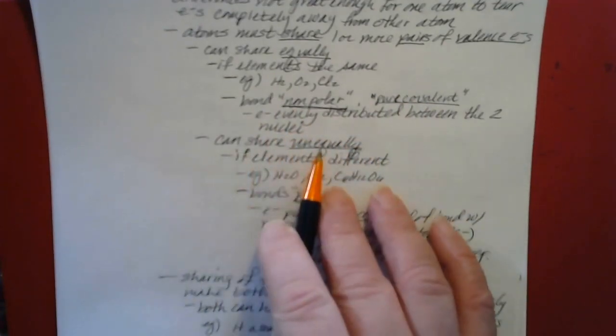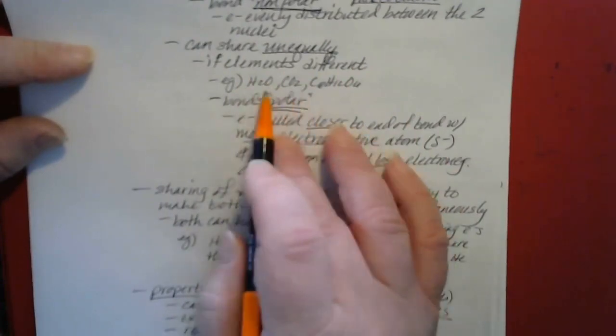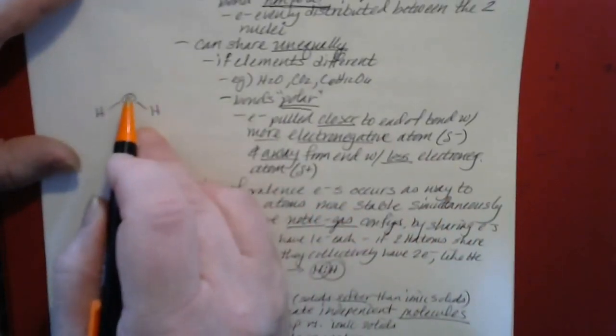But the sharing can also be unequal, and that happens whenever the elements are different from each other. So like in water, H2O, bonds between hydrogen and oxygen, the oxygen has a greater attraction for electrons. And here's where that diagram I showed before starts to make sense. The oxygen has a greater attraction for electrons than hydrogens do.